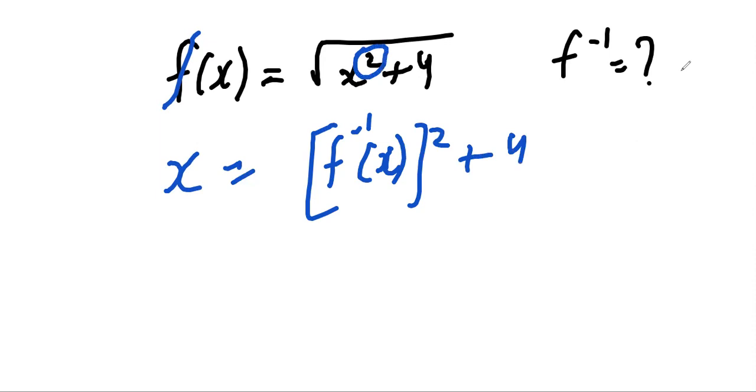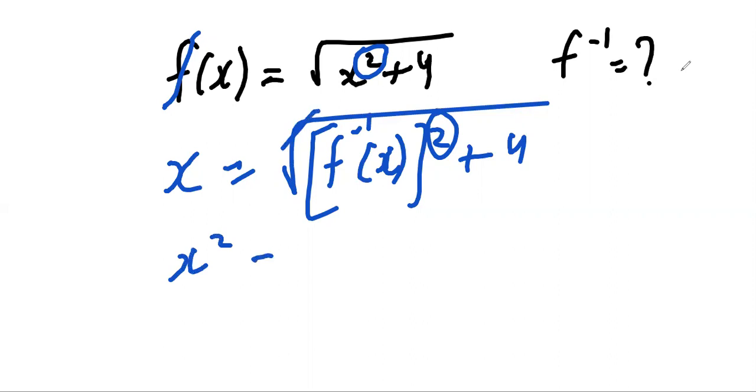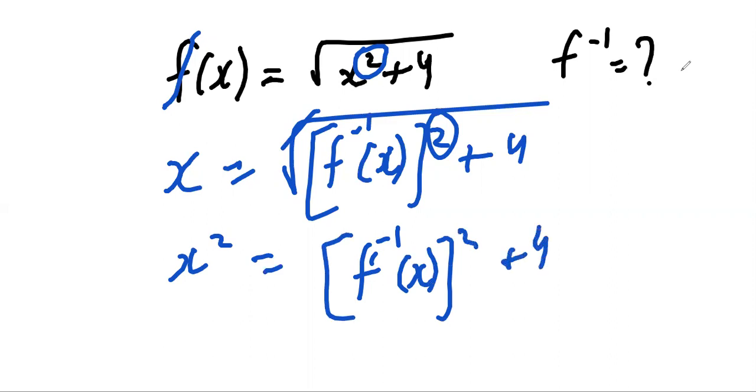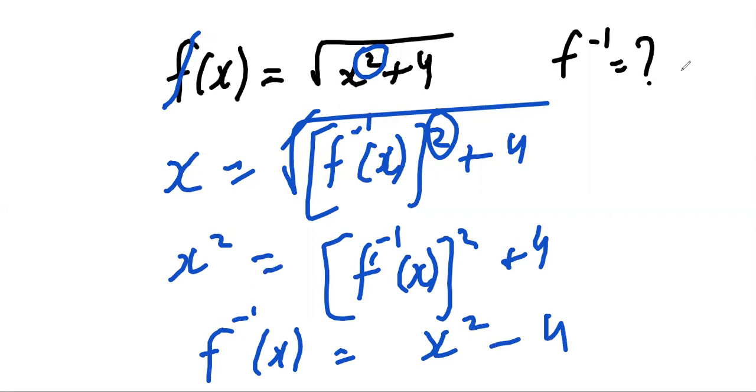Now I will square both sides to cancel this under root. So the inverse function will be x square minus 4, because this square is cancelled with the root, so this will be the final answer for this function.